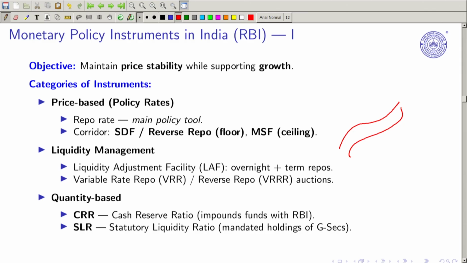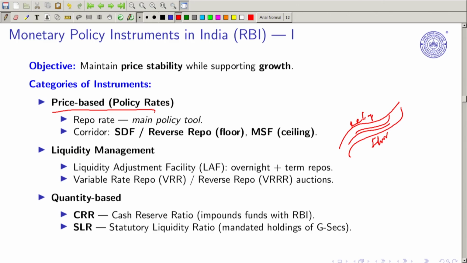So, repo rate is the policy rate, SDF is the lowest point, this is the ceiling, and this is the floor. SDF and reverse repo are here, and MSF. So, here we have the corridor created for borrowing and lending at price. These are the price based instruments.